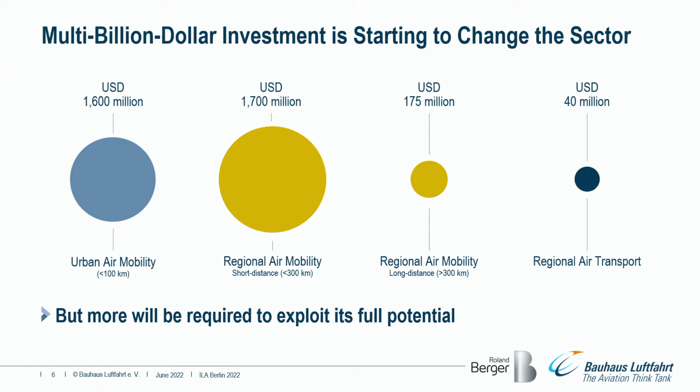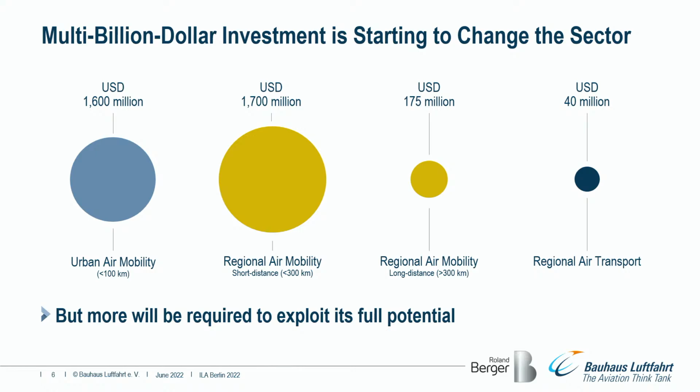Now, if we take a look at the investment market and split it by use case. We have the urban air mobility use case, which we defined as ranges less than 100 kilometers. Then we have the regional air mobility short distance use case, which is less than 300 kilometers.